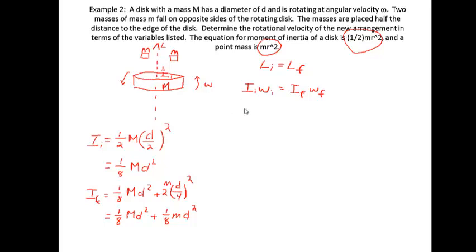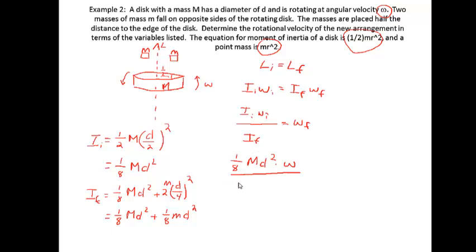Now we're going to solve for omega final. We rearrange the conservation of angular momentum: I initial times omega initial, divided by I final, equals this new angular velocity. We substitute in 1/8 M D squared times omega, that's what they call this, right there, divided by I final.